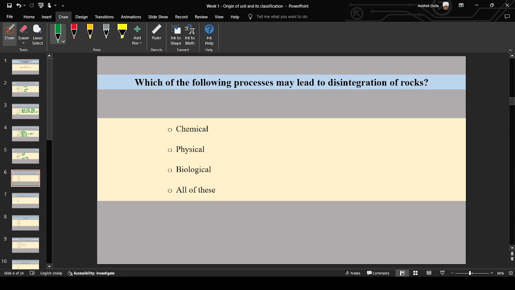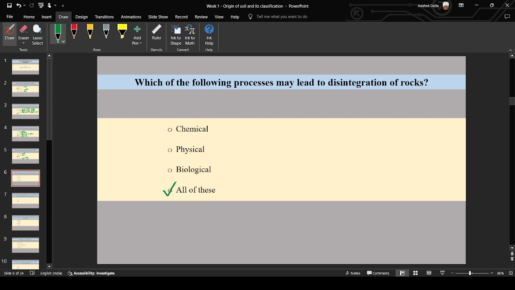So when this weathering, erosion, or disintegration in general sense is happening in a rock mass, which processes may come into action, whether they're chemical or physical or biological or all of this. So the answer to this question is option 4, all of this.